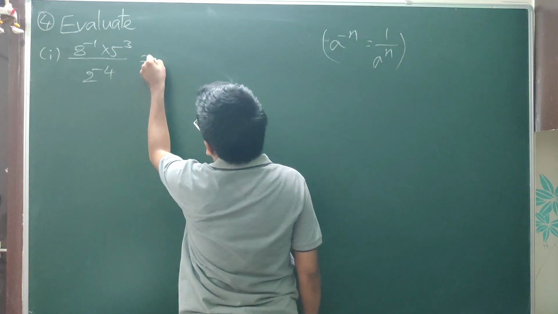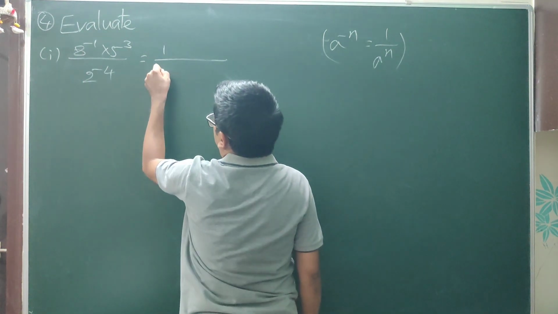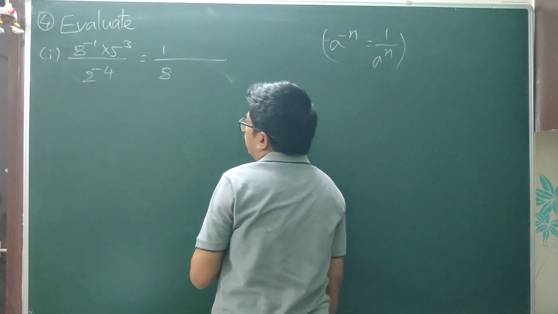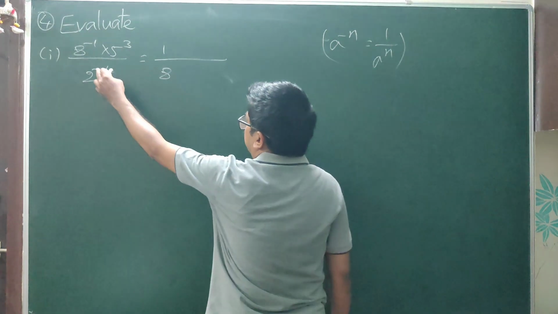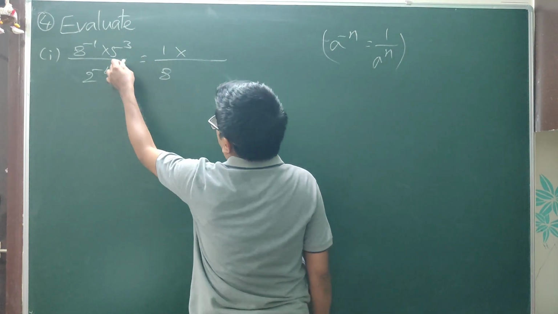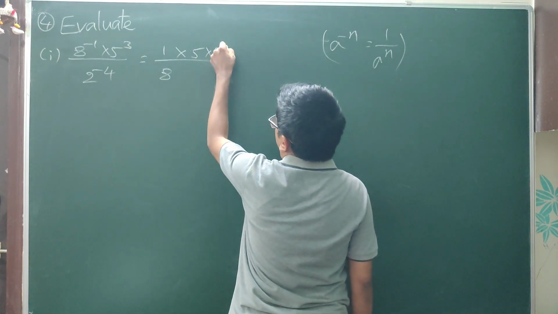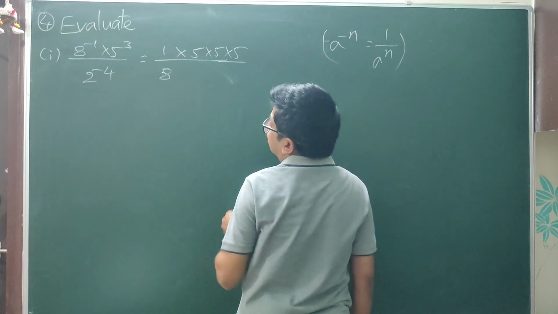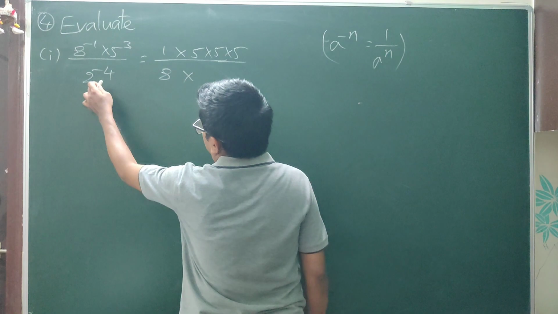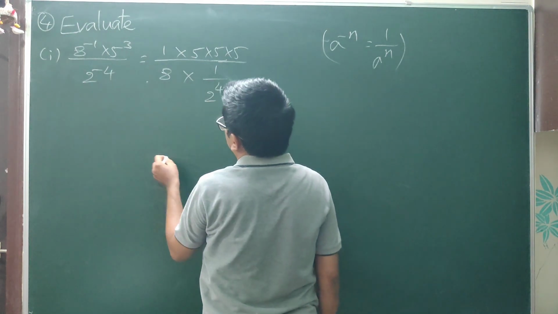So equal to 1 by 8 into 5 cube, which means 5 into 5 into 5, by 1 by 2 power 4.